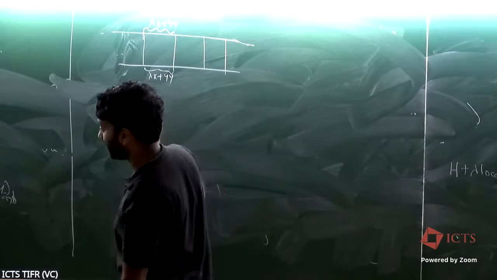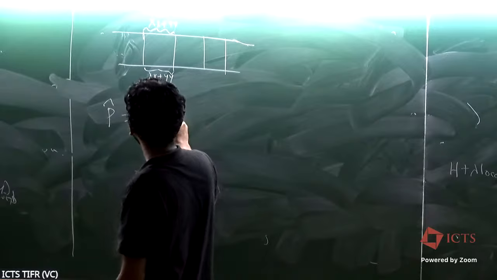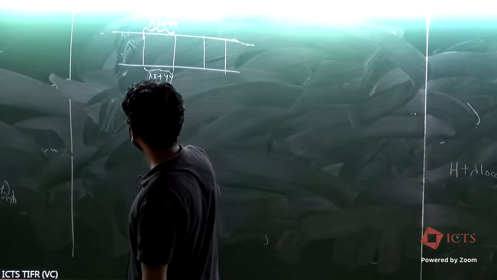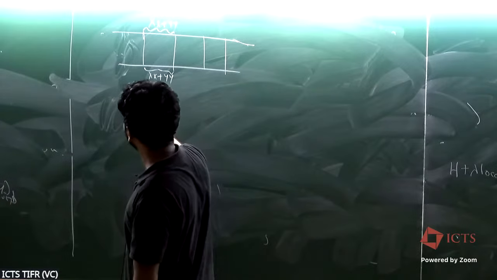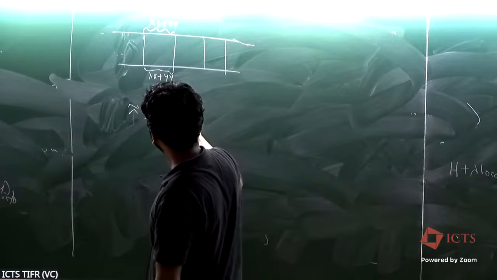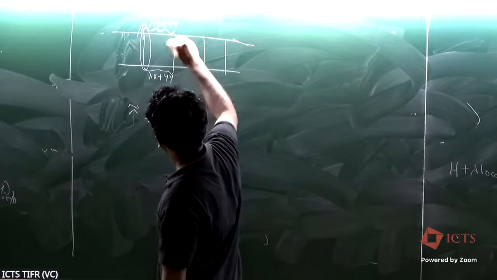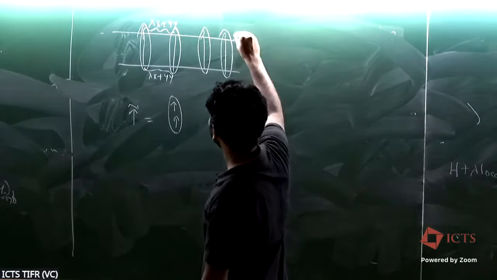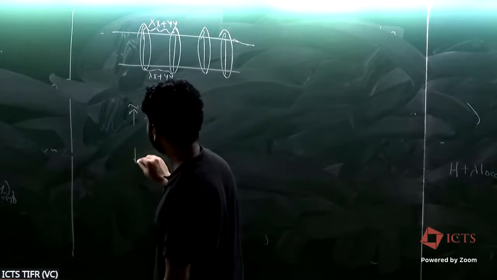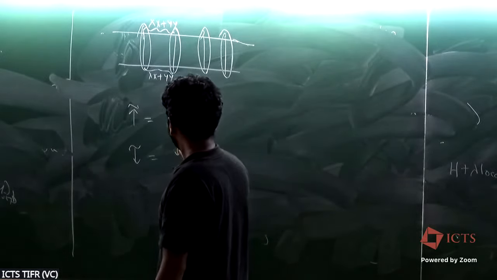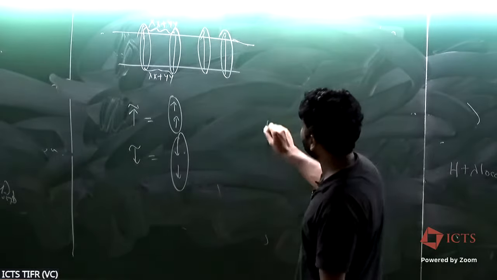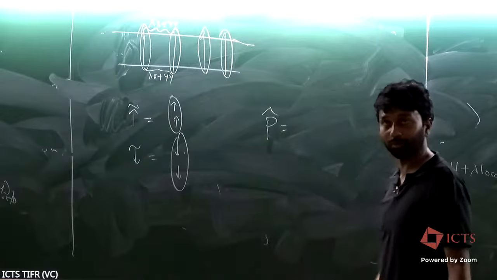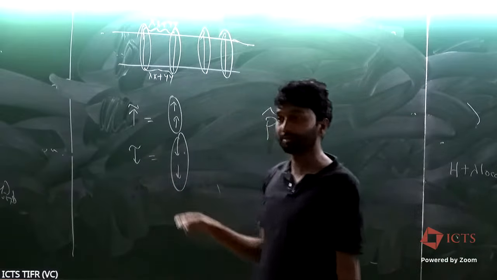Maybe I don't have time to go into the details, but you can do this exercise more carefully. If I define composite spins, which are basically spins on each rung, I just redefine the Hilbert space by composing these two rungs. What you find is that the effective Hamiltonian is the ferromagnetic Heisenberg model on these effective spin degrees of freedom.